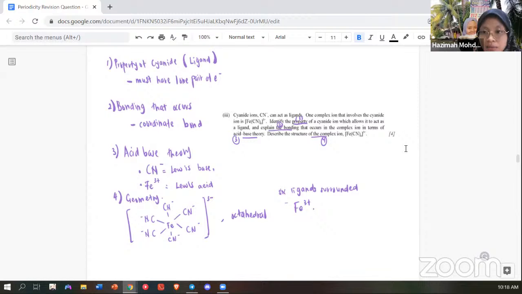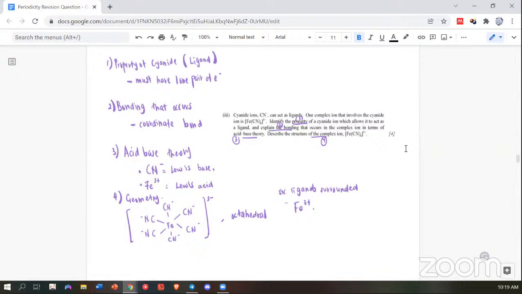Jadi ligand tu must have a lone pair of electron. Sebab nanti dia akan form covalent bond ataupun dative bond dekat metal tu. Okay, so kita dah jawab satu requirement yang dia nak, which is identify the property of cyanide ion, which is the ligand. So it must have a lone pair of electron. Okay, sini faham tak?